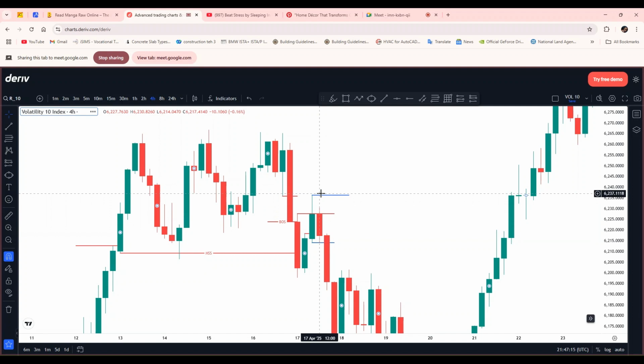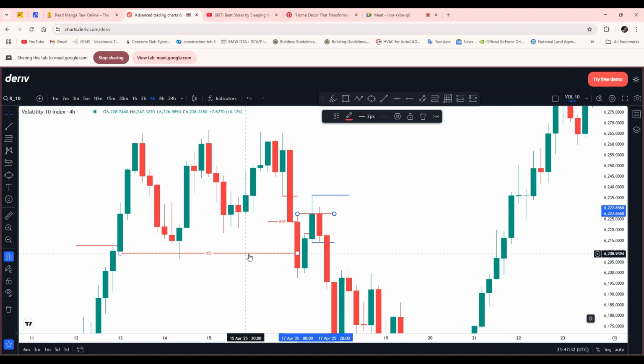So what we'll pay attention to is what happens here, because we're looking for a break of this high if we're looking for a continual buy. But since we got a market structure shift, we're only hoping that the market will continue to sell. So definitely, I and maybe others would be looking for a sell in this specific range.